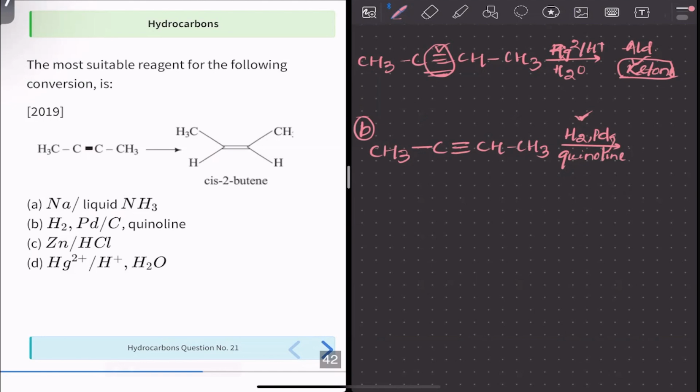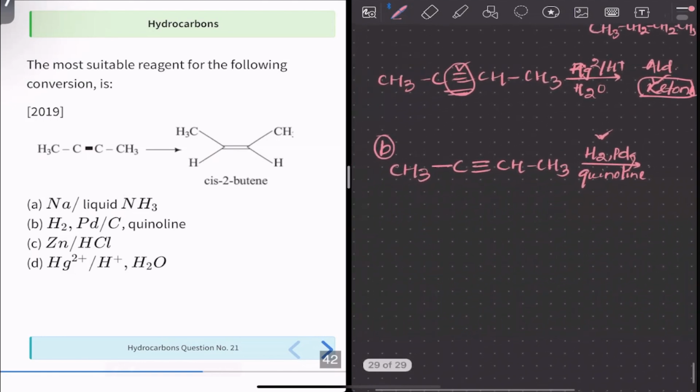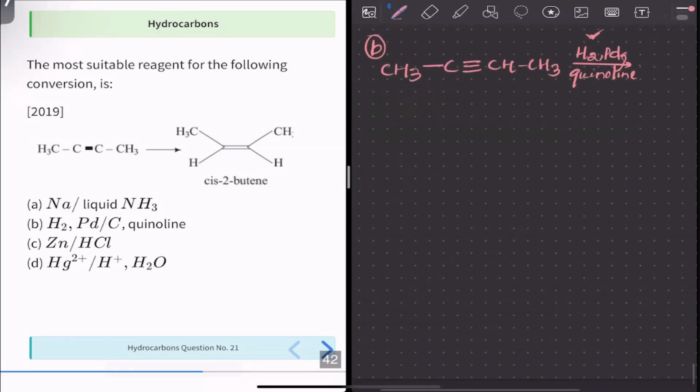But which type of alkene? Cis or trans? This will produce cis alkene. But the sodium in liquid NH3 reagent will produce trans alkene. You have to remember which will produce cis and which will produce trans. So it will produce C double bond C, with H H and CH3 CH3, that is cis-2-butene.